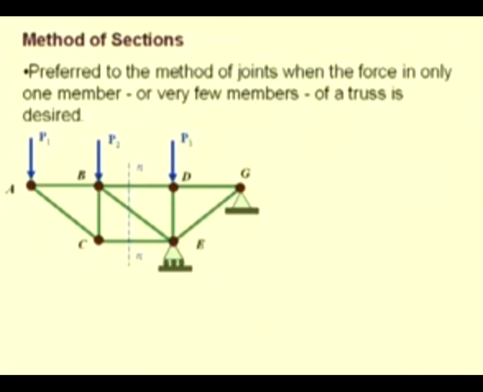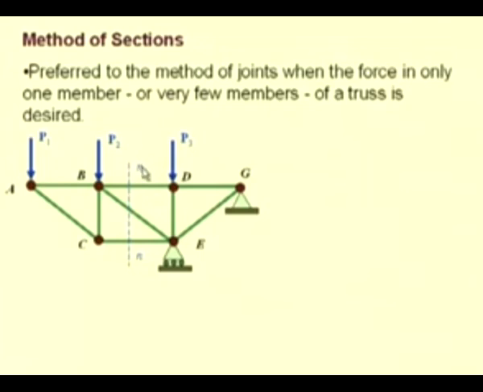If, say, we are interested to find the forces in the members BD, BE and CE alone, then it is not very efficient to find these forces by the method of joints, because in order to determine this force in BD, first we have to move from either joint G or E, where only two forces are unknown, and we have to move from one joint to another joint.